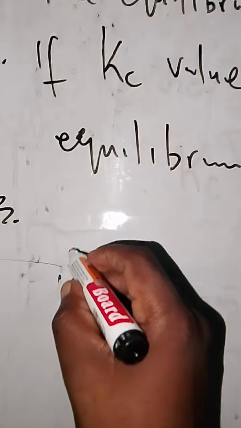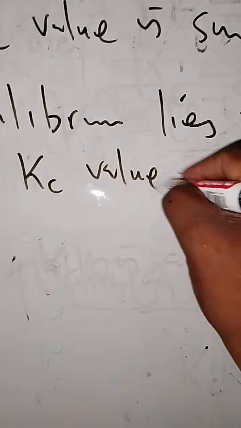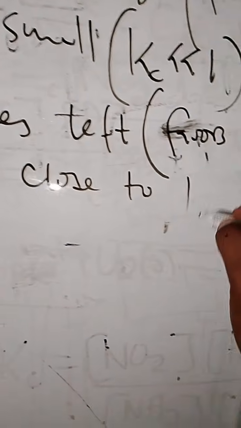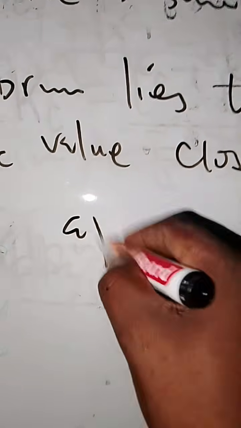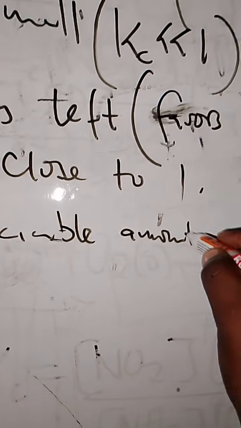Then the third one, if the Kc value is close to 1, it means the reaction mixture contains an appreciable amount of reactants and products.